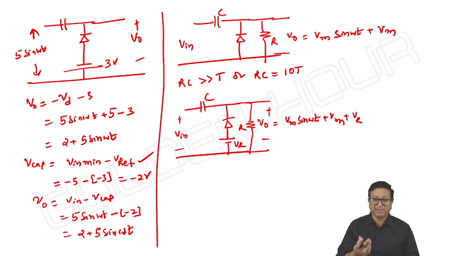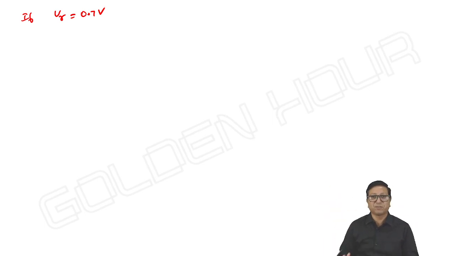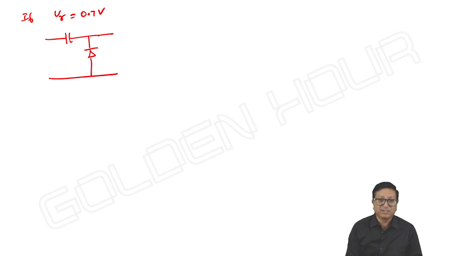Okay, if V gamma is given, then what happens? If V gamma is equal to 0.7, in the negative clamper we added 0.7 volts at the output. Now what do we need to do? Subtract. Exactly the opposite action. Nothing else. Or once the diode is on, the capacitor will charge up to minus V in plus 0.7. That's it. Okay.